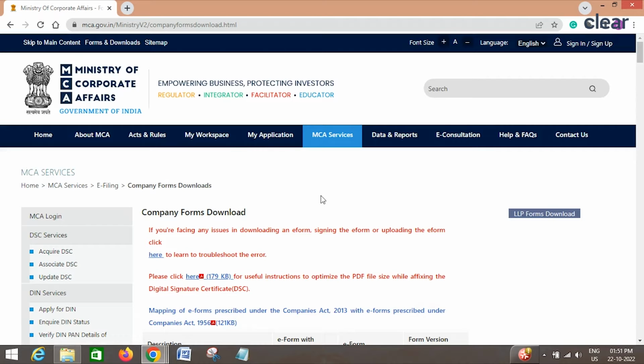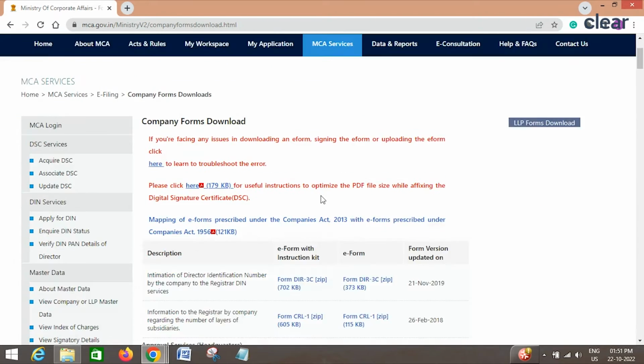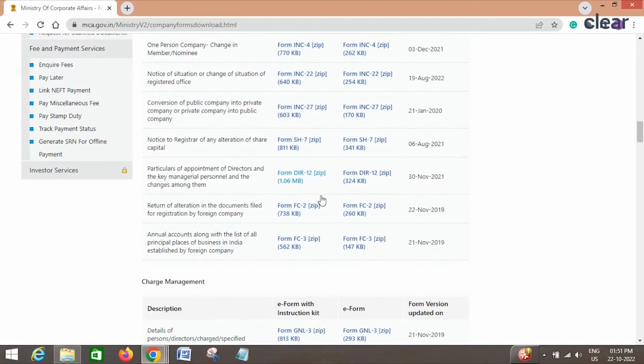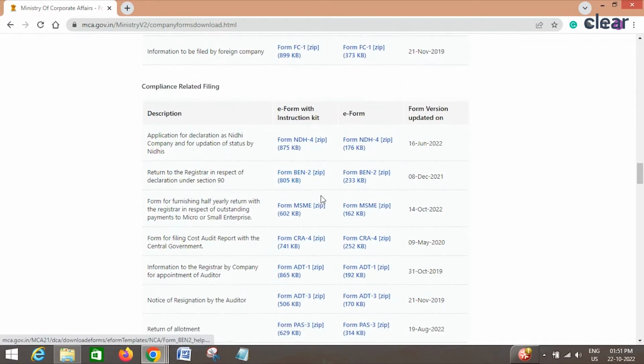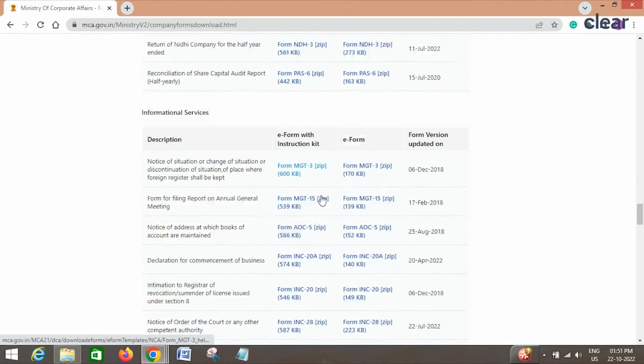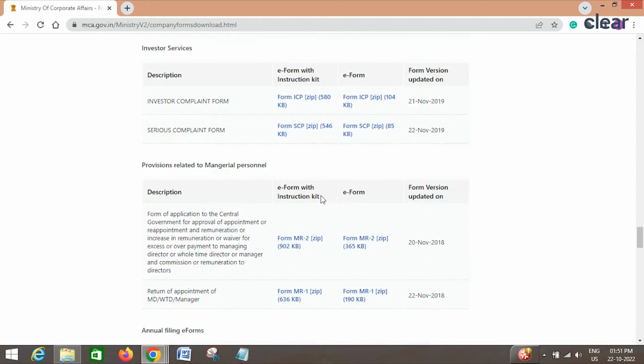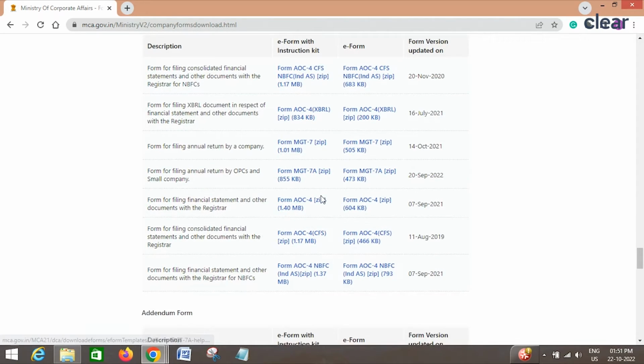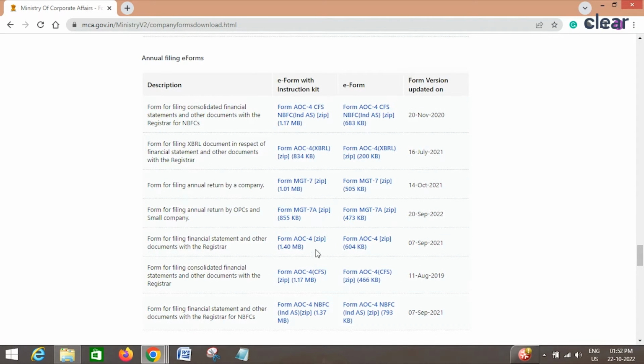On this page, scroll down to the heading Annual Filing E-Forms. Here, you can click on this to download the AOC-4 form along with the instruction kit, or you can click on this option to download only the form AOC-4.